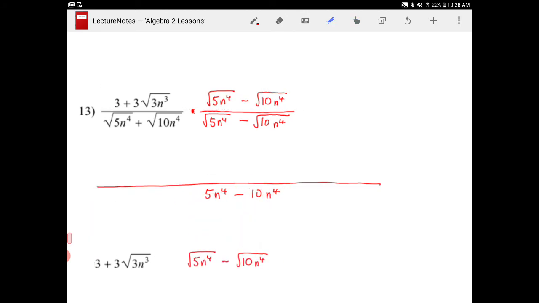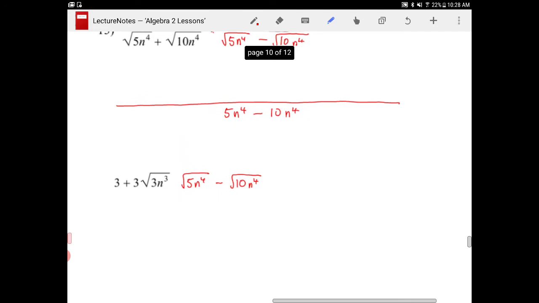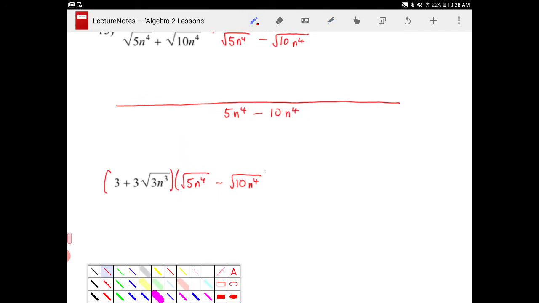I'm going to FOIL these, bring that a little closer together. So I end up with 3 radical 5n to the 4th minus 3 radical 10n to the 4th plus 3 radical 15n to the 7th minus 3 radical 30n to the 7th.